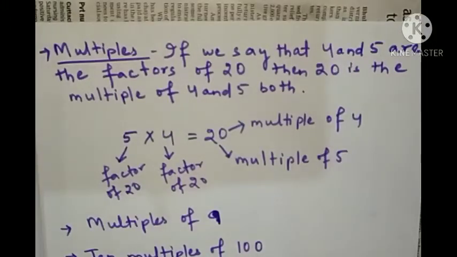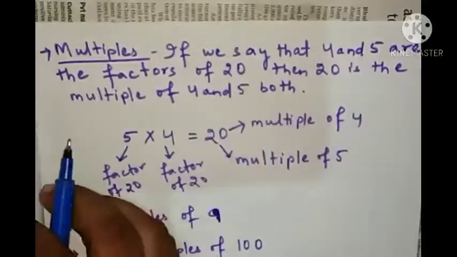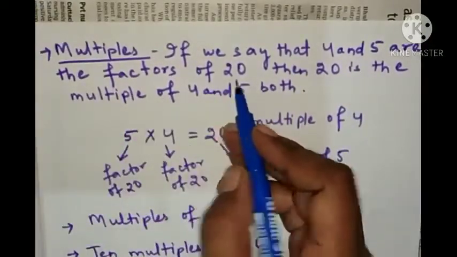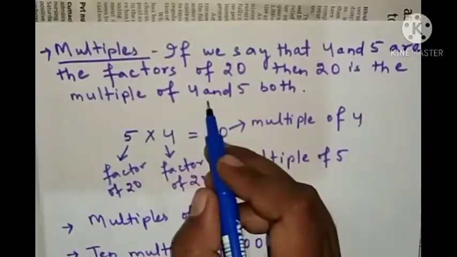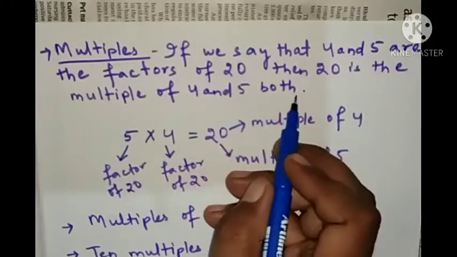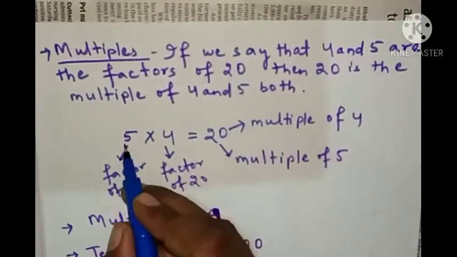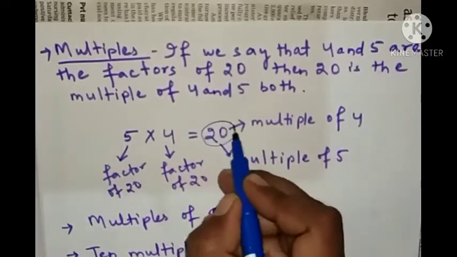Next we'll see multiples. Multiples come from the word multiplication. So what are multiples? If 4 and 5 are factors of 20, then 20 is a multiple of 4 and 5. When we multiply 5 and 4, we get 20.